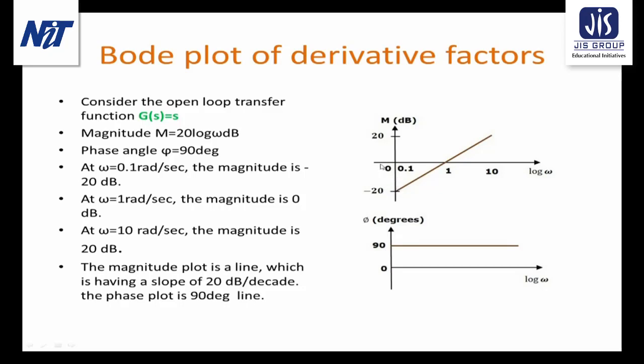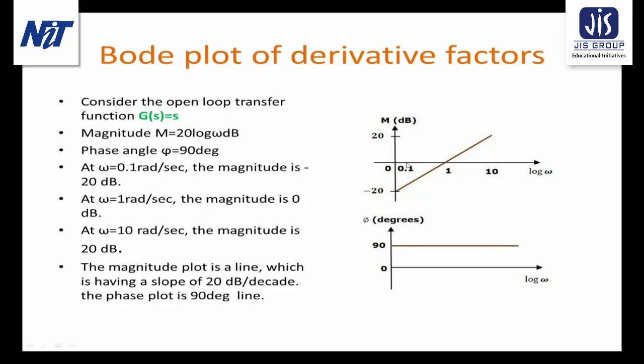Here one confusion may come that here it is written 0 and 0.1. Actually this 0 represents this y-axis where it is in dB. So this point is 0 dB and this one is plus 20 dB, this one is minus 20 dB. And the omega at this line is 0.1, and then per decade it is changing like this: 0, 1.